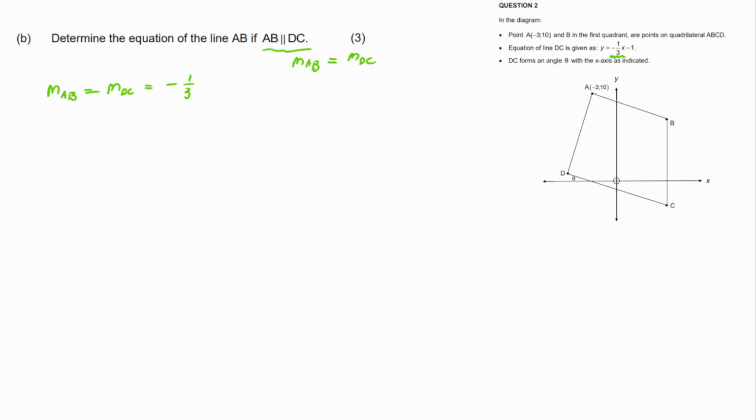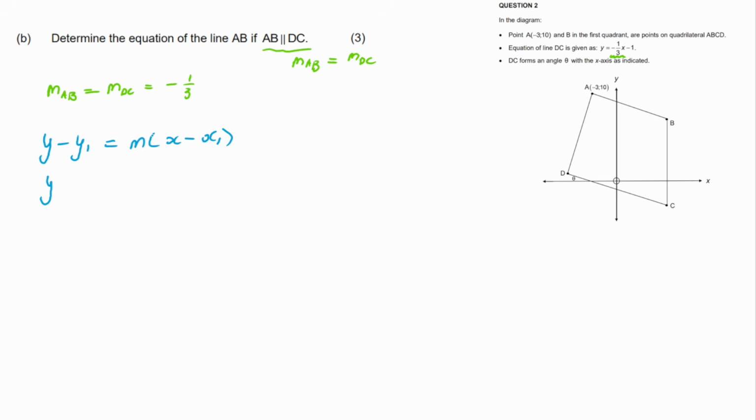So we have that now for AB, and we can use this equation: y minus y1 is equal to m times x minus x1. We can do this now to find the equation.